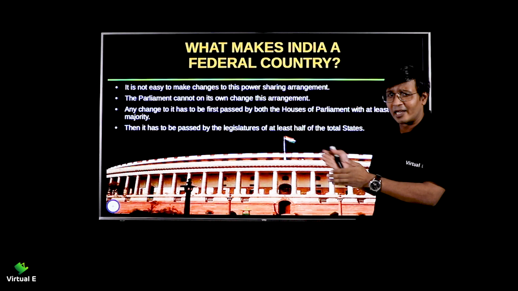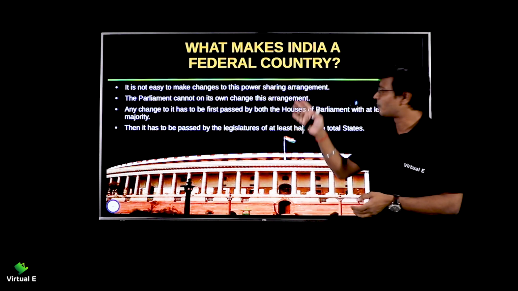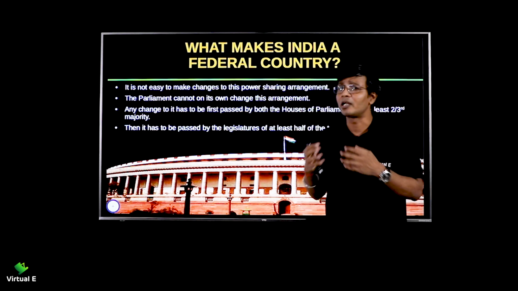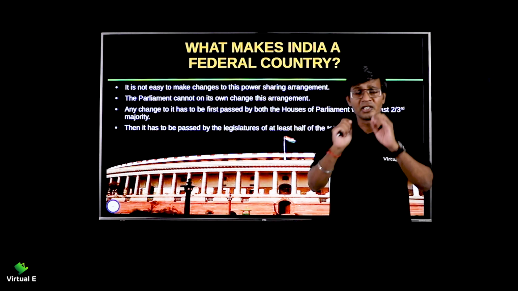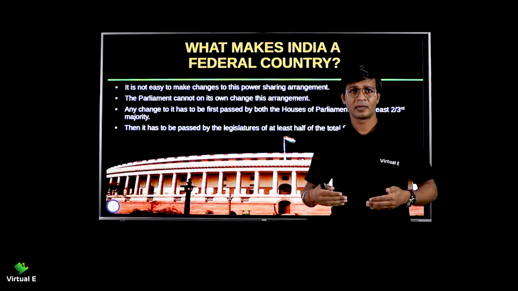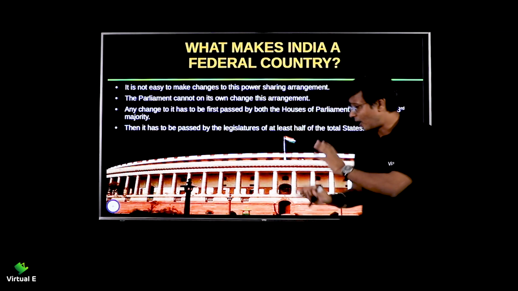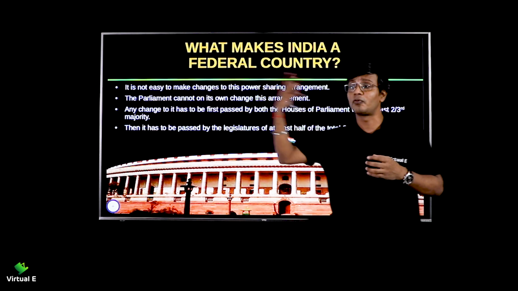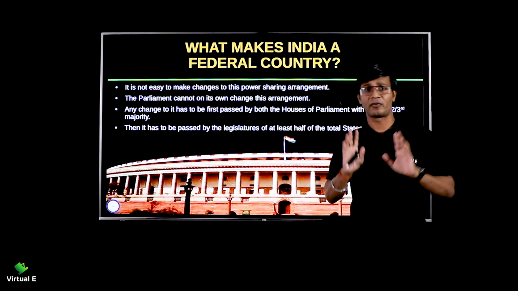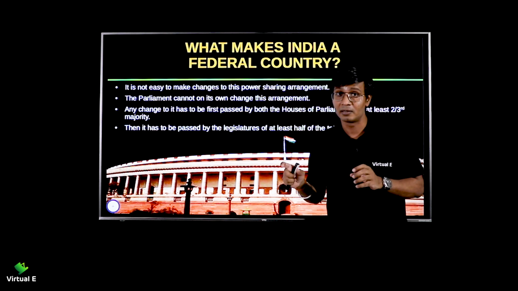Let's go to the next part and talk about how these power sharing arrangements help us. See, Parliament cannot on its own change this system. In Parliament, nobody can come up and say that we will have a 4th form of government or just 2 forms of government, nor can any state assembly.